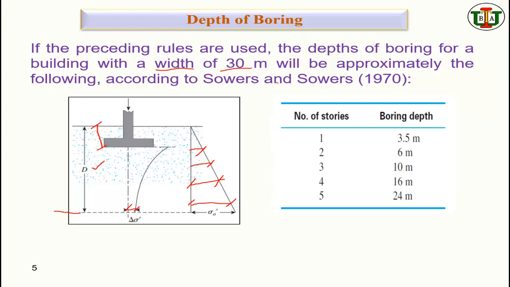Shore and Shores studied and suggest that if the number of stories is 1, you go around 3.5 meters, gradually up to 5 stories you can go up to 24 meters. But these are not fixed values, these are suggestions. If you find your satisfactory soil layer, you stop. If you don't, you go more. You understand?